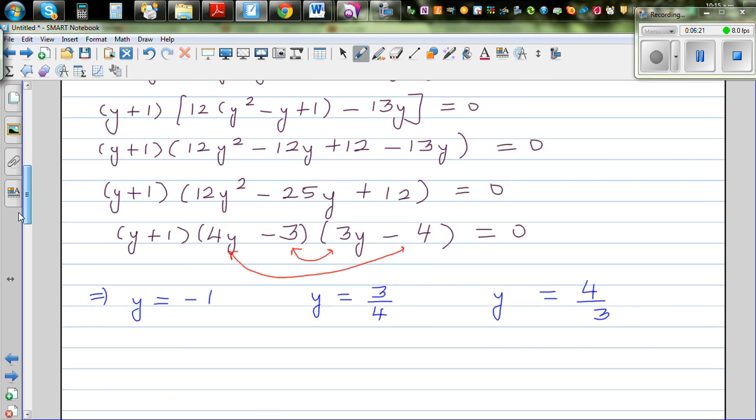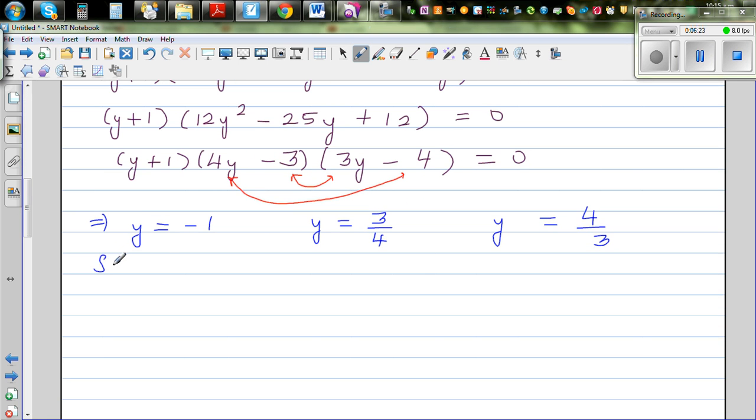So sine squared x is equal to minus 1, and this means you have no real solution. Sine is between plus and minus 1, and if you square sine of x, it's always going to be between 0 and 1. So you can't solve this.